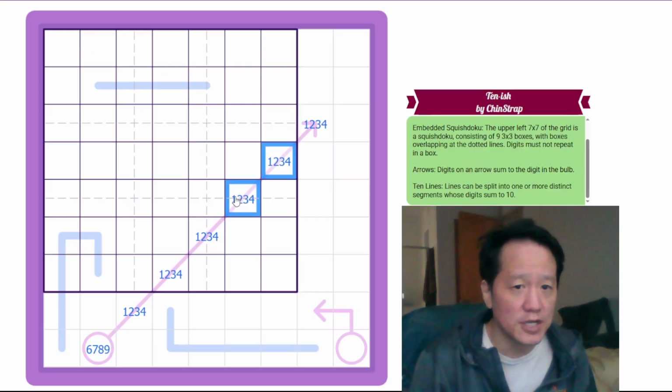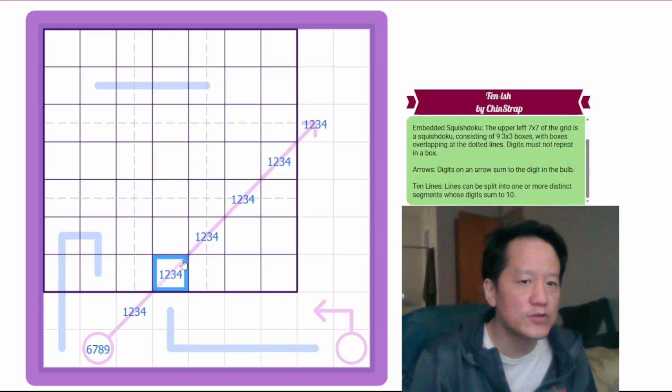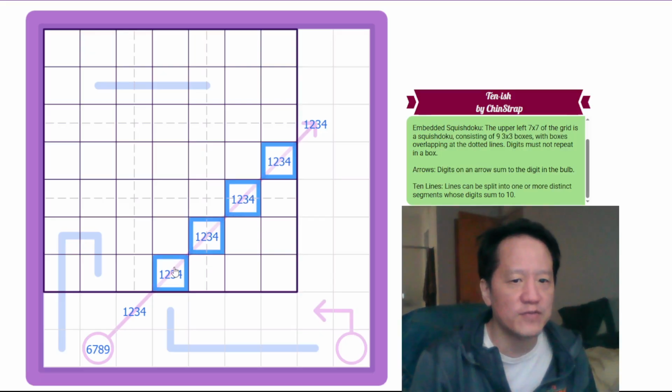So these digits cannot be the same, these digits cannot be the same, and these digits can't be the same. So we try to have 1 here, 2. That's 2, because it can't be a minimum of 1, because they're in the same box. So a minimum of 1 would make that 2, which makes that a minimum of 1, which makes that a minimum of 2. So that's a minimum of 6 here.